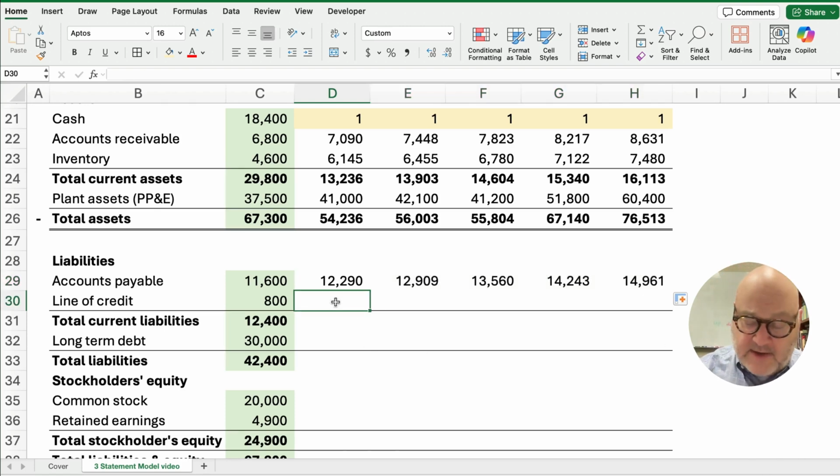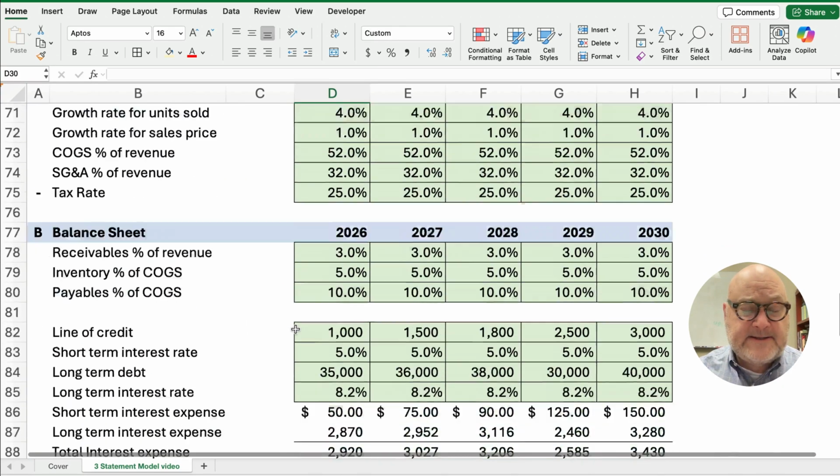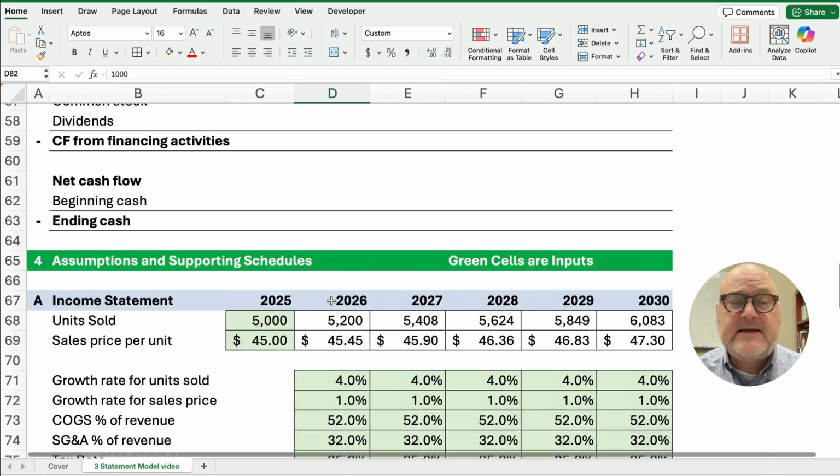All right, our line of credit, we just calculated, I think, let's go back and look at our line of credit. All right, our line of credit is going to be our short-term calculation here. We're going to assume here that this is our total, right? So our total is 1,000, 1,500, 1,800. That's not the change in the line of credit or the short-term rate, the line of credit, the short-term liability, right? Is what I want to say. So we're going to assume that's the total, so we can go ahead and put that number in.